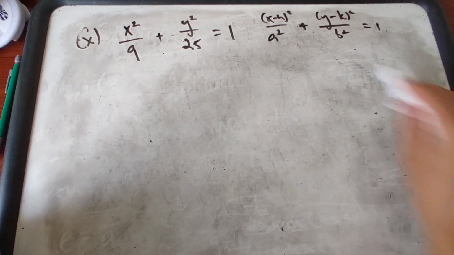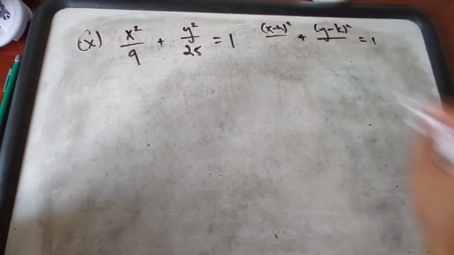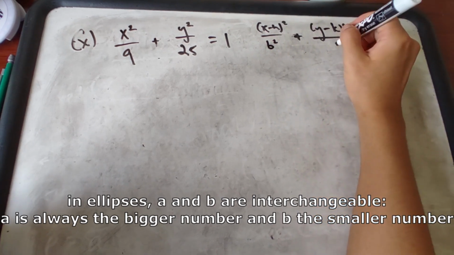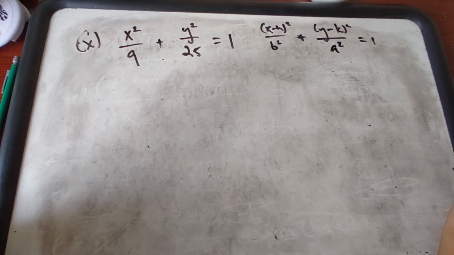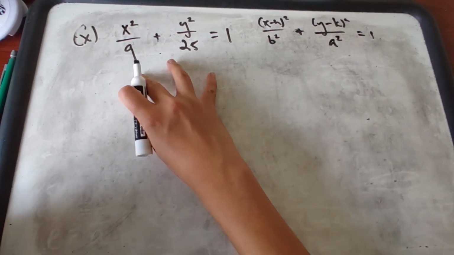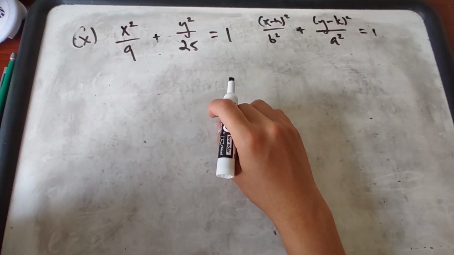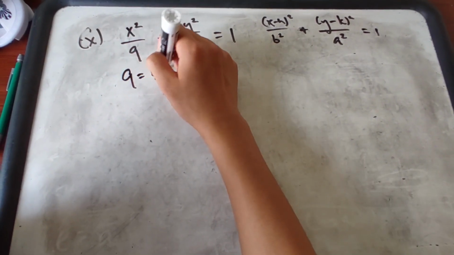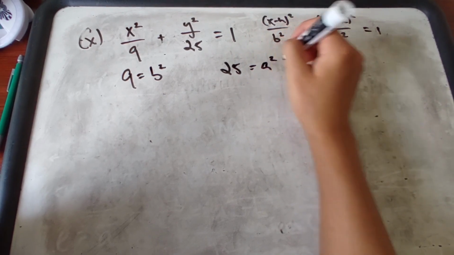So instead of it being a squared underneath the x, it's going to be b squared underneath the x and a squared underneath the y. So by association, we could match the denominator of each of these functions. So 9 would equal b squared, and 25 would equal a squared.